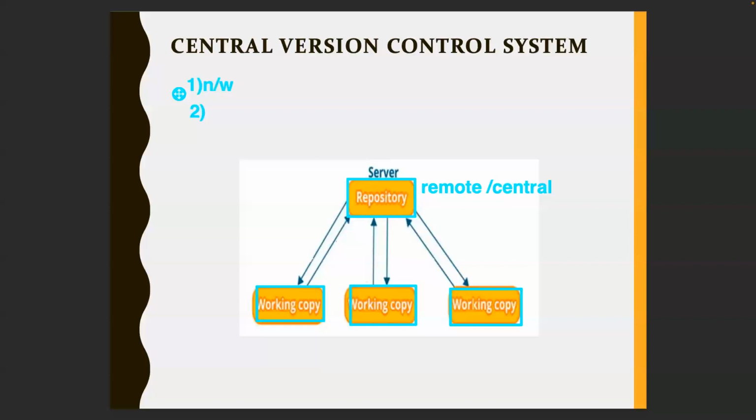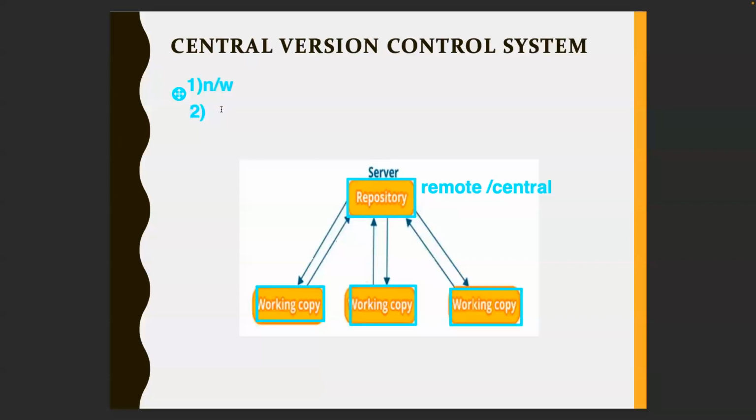Your project files are kept here. If for some reason the central server crashes or is gone, the entire code or entire project is lost, right? It's like a single source of truth. Chances of recovery are very low. These are the two challenges you have with the centralized version control system.